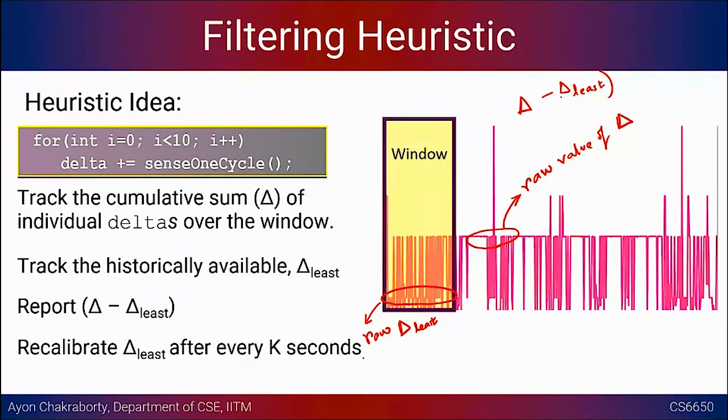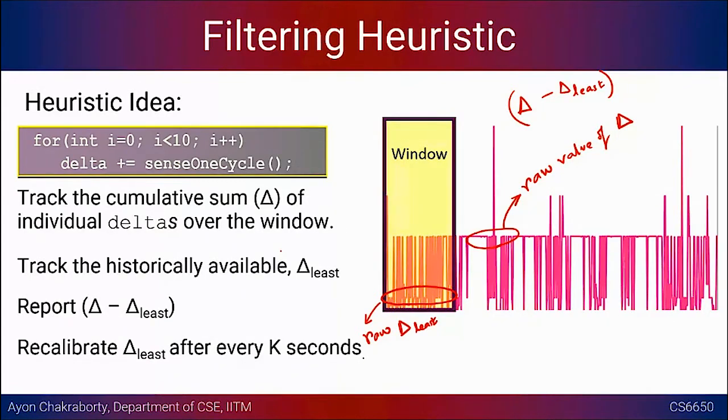So if you do that, we are removing some dependency on the type of object, because as I told you, we were not interested in measuring the exact value of capacitance.